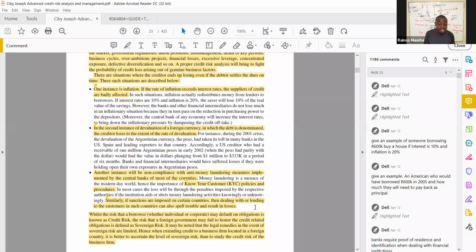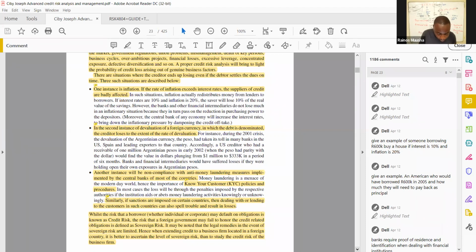It will be very important for banks to keep tabs on what sanctions have been imposed, so that they don't end up transgressing them, because they might end up being fined.